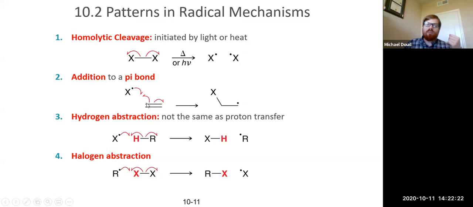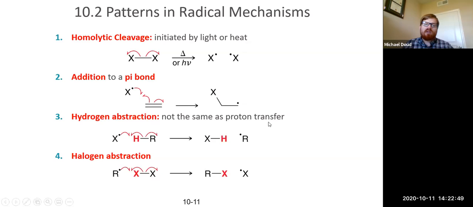So this forms a new bond here. That's why you don't see anything here. It doesn't look like anything's happening, but these two electrons are forming a new bond together. So that's where we're pointing, between the carbon and the X. That's our new bond. Then we have here the radical. The other electron left over from the pi bond is going to go to the carbon here, and that's basically the new radical in this case.